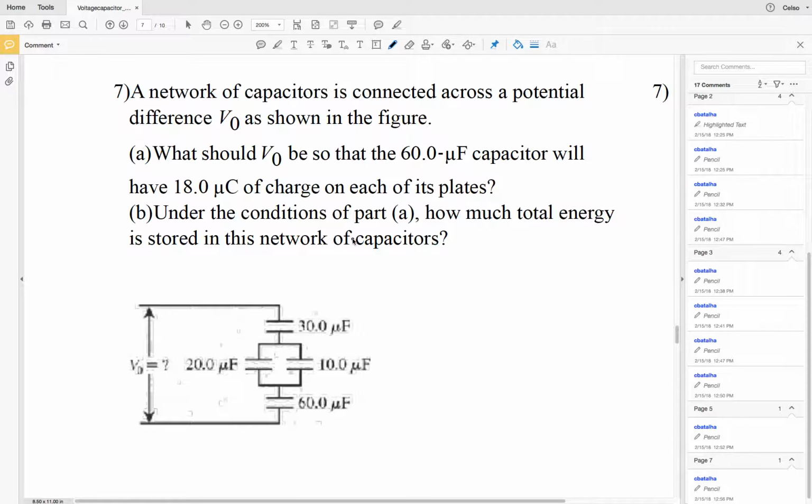Now, if they are in parallel, the voltage is the same.